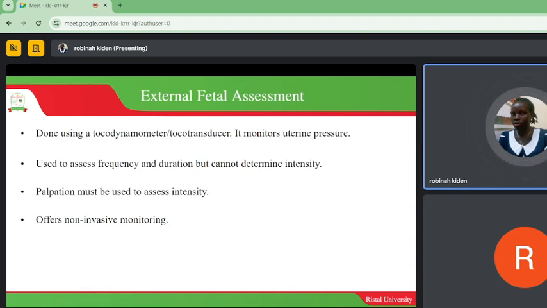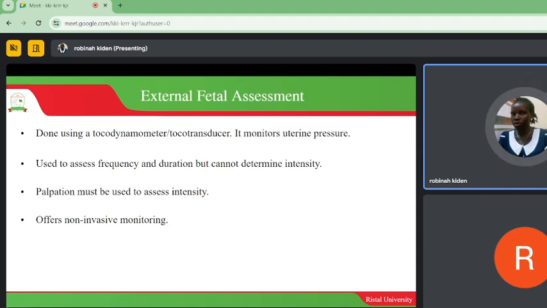So it helps to monitor how many contractions are coming within a minute, how long it takes before another contraction comes, and when a contraction comes, how long it lasts. We also assess for that.